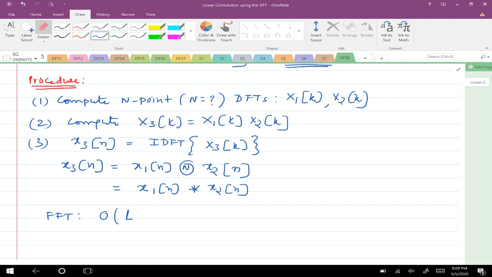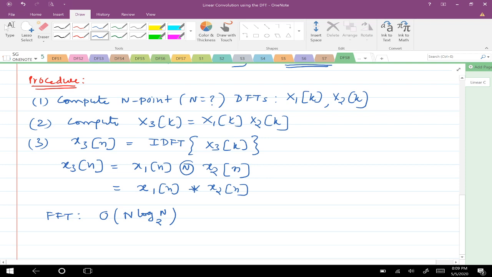Let me call it the n point DFT that I am computing. Then its order will be order of n log n to the base 2. I'm talking about very basic algorithms which we would be discussing in the upcoming classes. They have a computational complexity of order of n log n to the base 2.